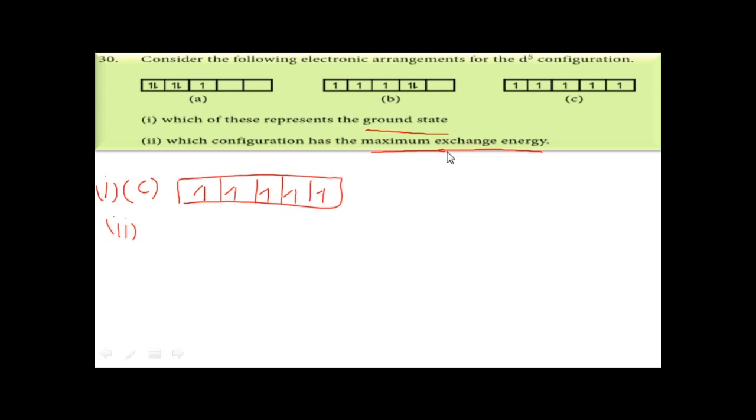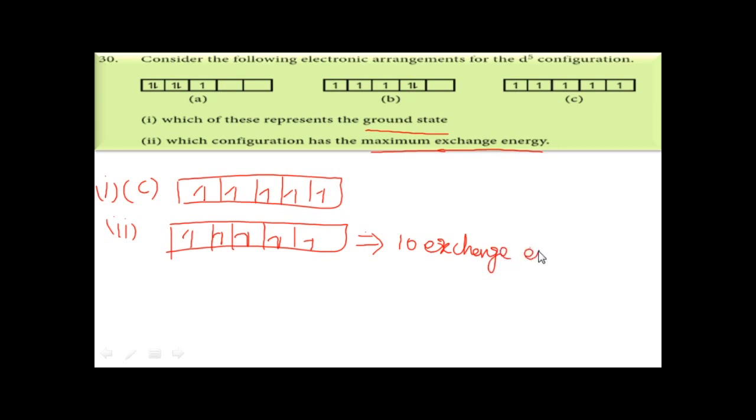Yes, among the three options, C is the half filled configuration. So the third one is the correct option. 1, 2, 3, 4 and 5. So how many exchanges are possible? That is 10 exchanges possible.